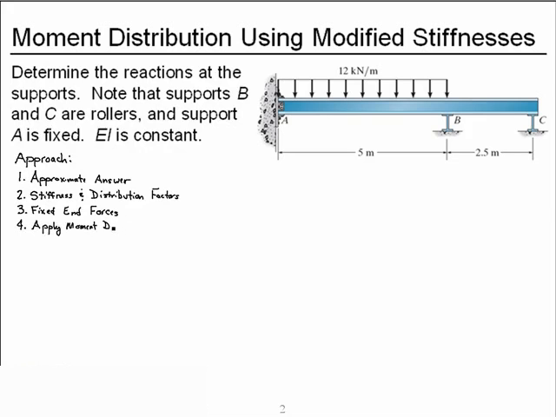Where we will clamp down all the nodes, release them one at a time, distribute the moment, reclamp it, calculate the carryover. Once we have performed that iterative process a sufficient number of times, we'll be ready to find the moments in the beam.